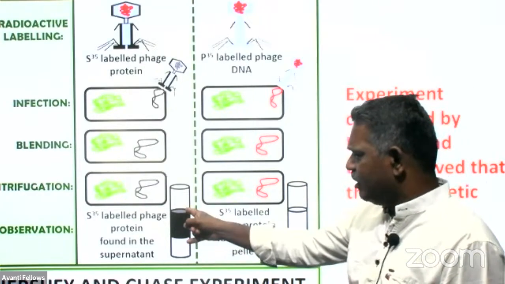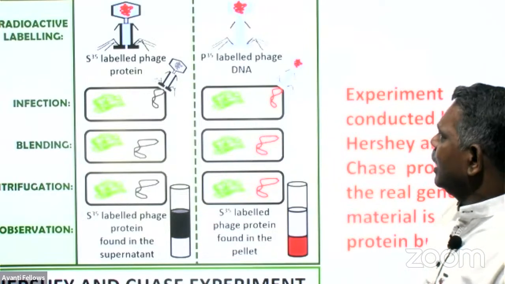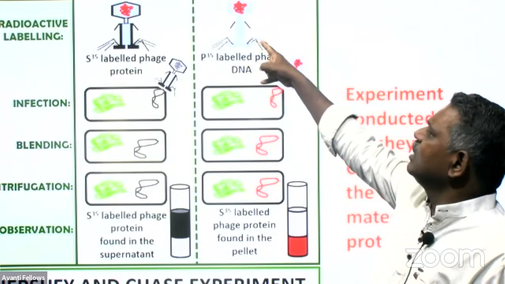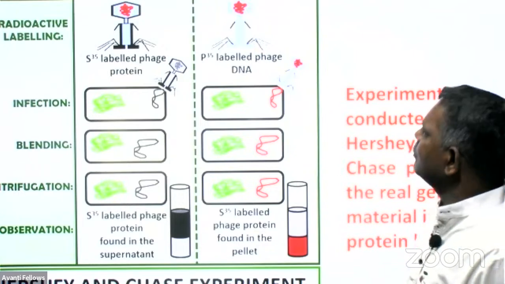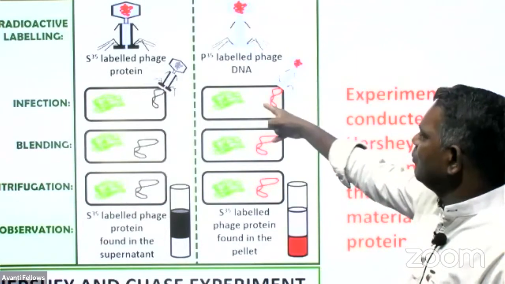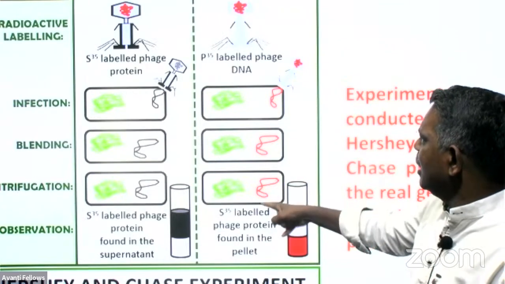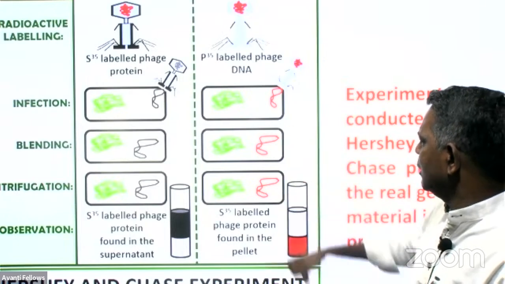There we can find the protein taken from the coat. And in another experiment here, they use a bacteriophage labeled in its DNA with P35 and allowed it to infect this bacteria, taking this DNA inside and multiplying it, and go for the blending, then go for the centrifugation.